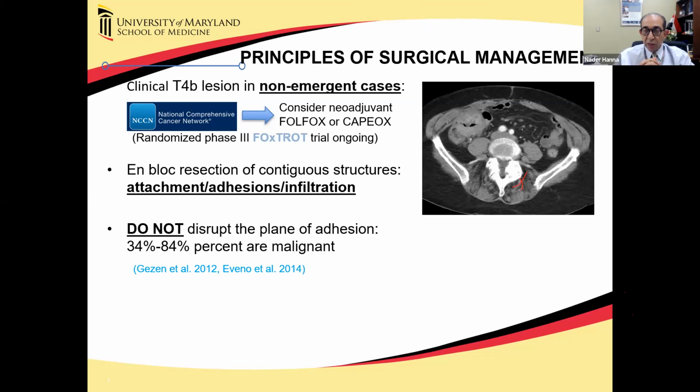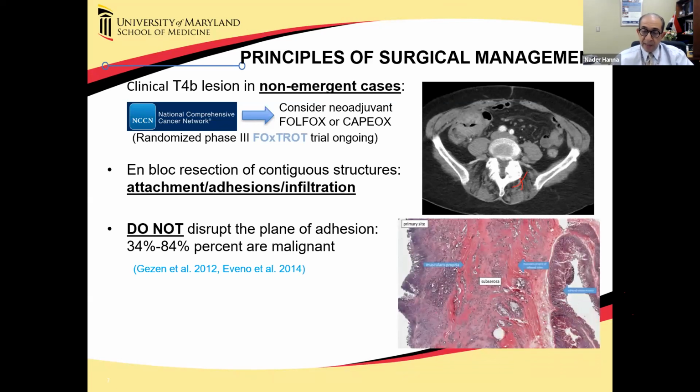The major surgical principle is the en bloc resection of the contiguous structures, whether it's attached adhesions or infiltration. Do not disrupt the plane of adhesion. Up to 84% of these adhesions are actually malignant, and there are a couple of studies that looked into that. This is an example of a histological slide where there was a sigmoid cancer invading into the cecum.